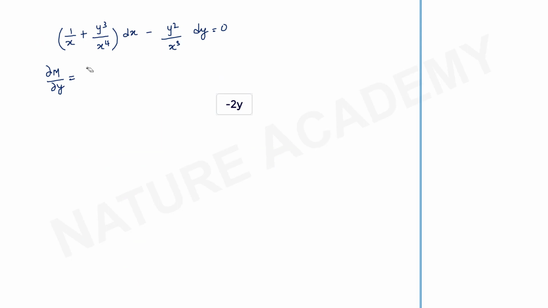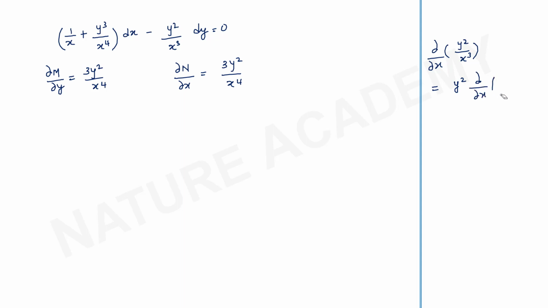Dou M by dou y is 3y square by x raised to 4 and dou N by dou x is also equal to 3y square by x raised to 4, because you can see dou by dou x of y square by x cube can be written as y square dou by dou x of 1 by x cube.